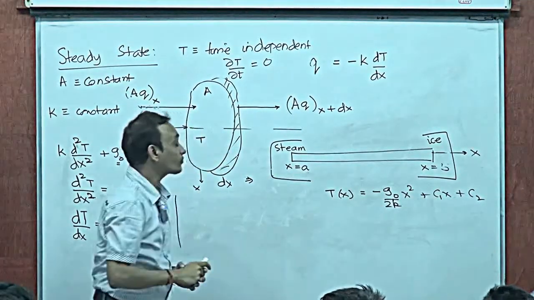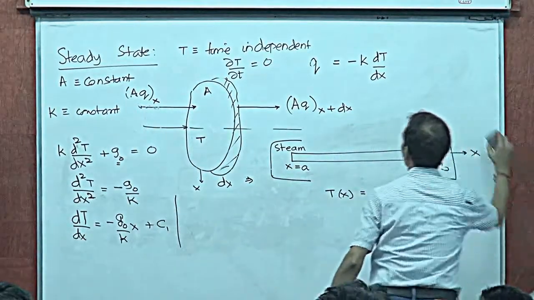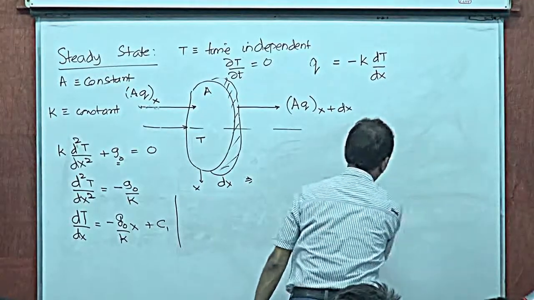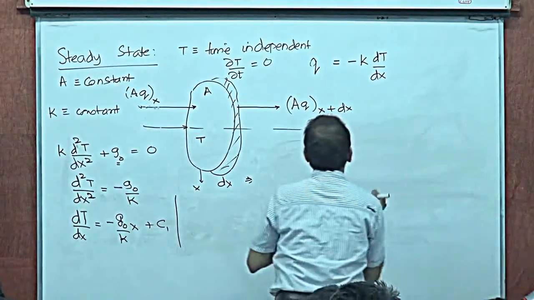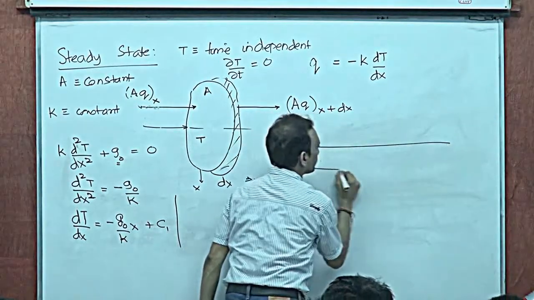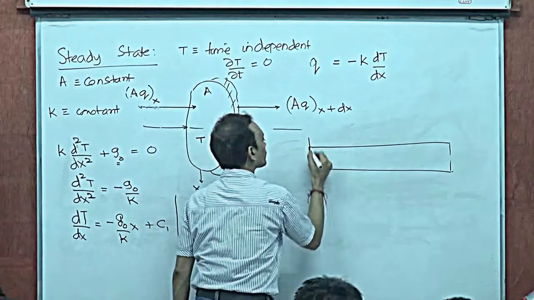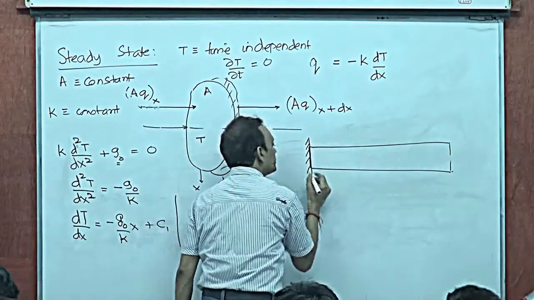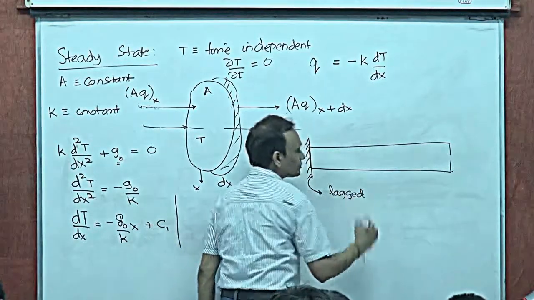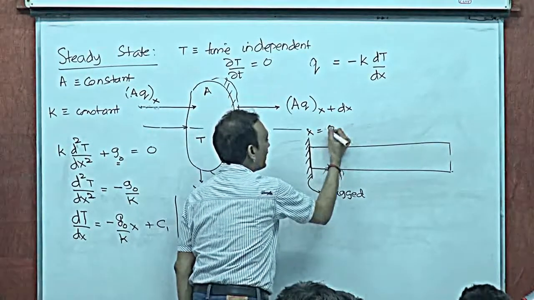Now, there are a host of boundary conditions that are possible. I'll just give you some of them. This could be an end which is lagged, meaning insulated. For example, let's say this is x equal to 0 and it's insulated.